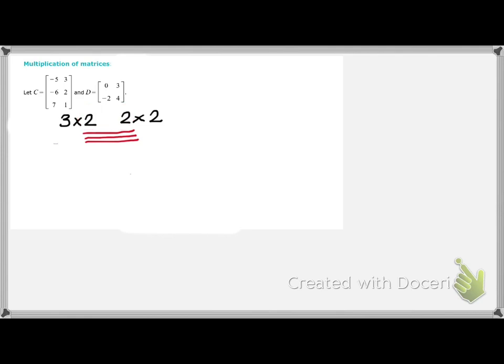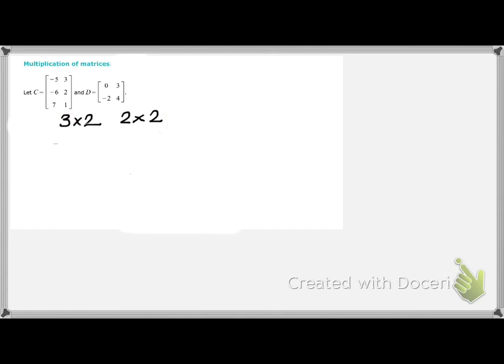So if I'm doing C times D here, I can multiply these. And it's also good to know that the result of multiplying them is going to be these dimensions here, 3 by 2.